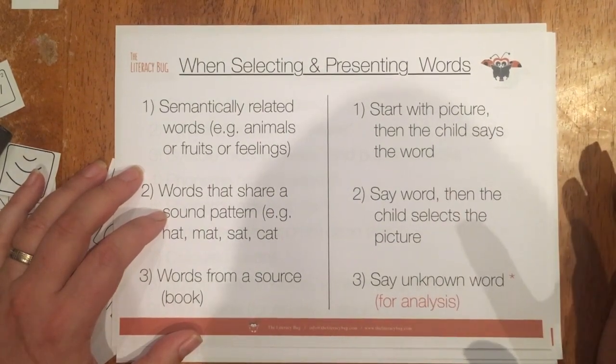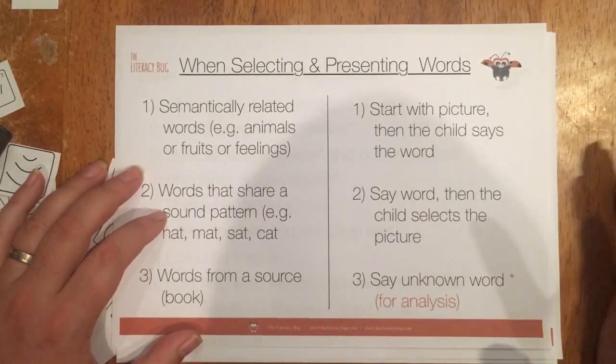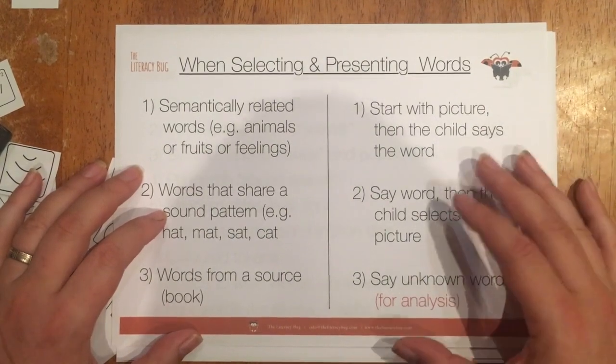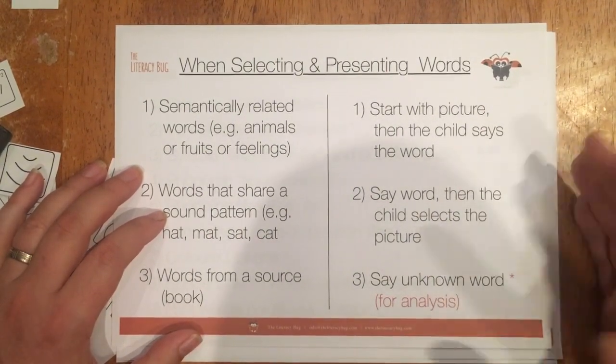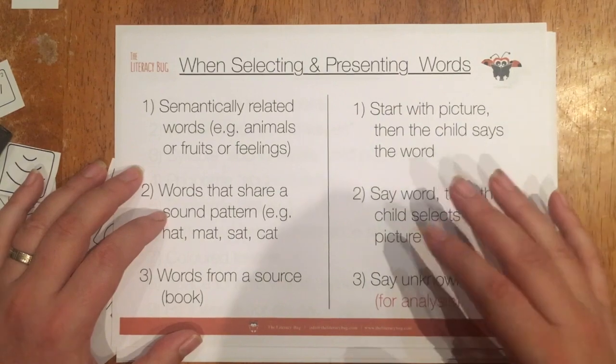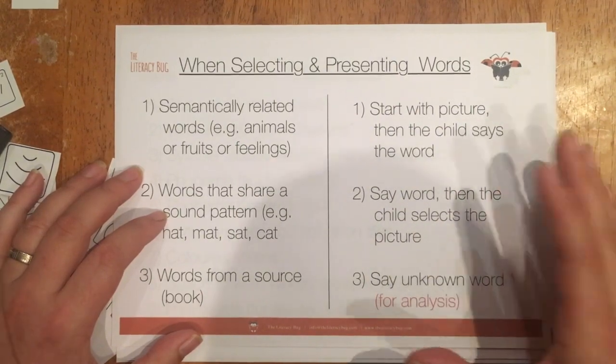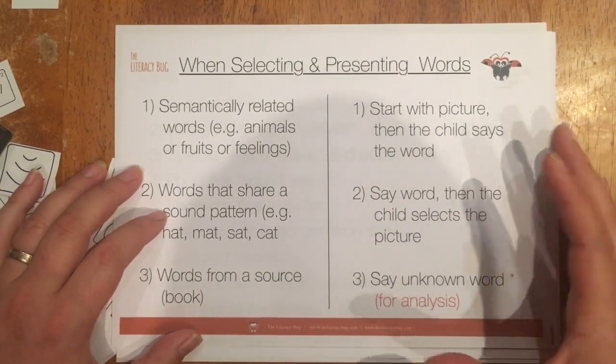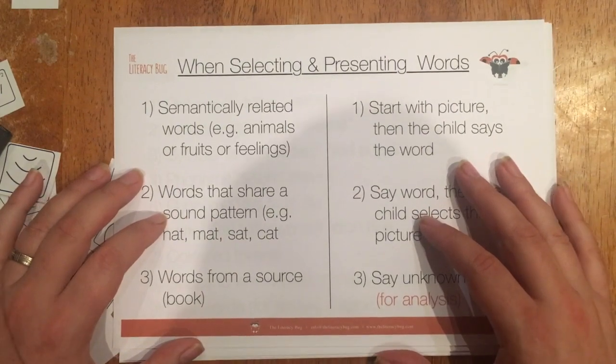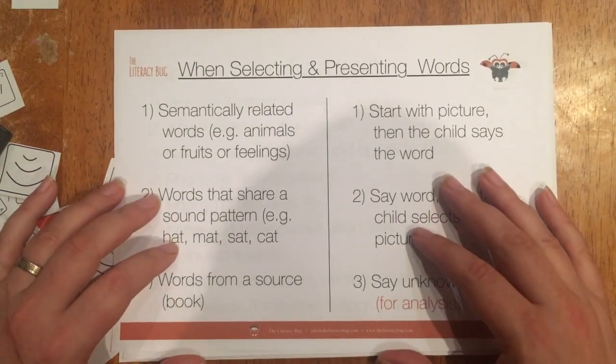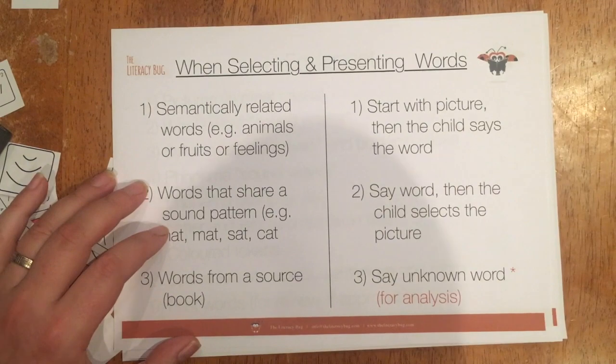How would you spell diatribe? You don't have a picture, it's not familiar to the learner, and they have to use those problem-solving skills to say, well, okay, let's break it up into syllables, break it up into sounds. This is what I logically think the word would be spelled like. And that's more of an extension activity than an early years activity.